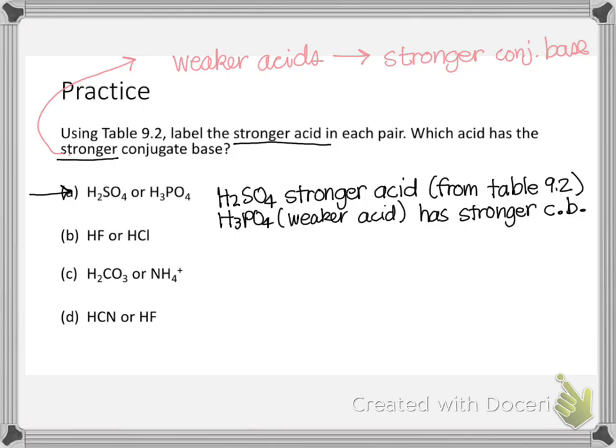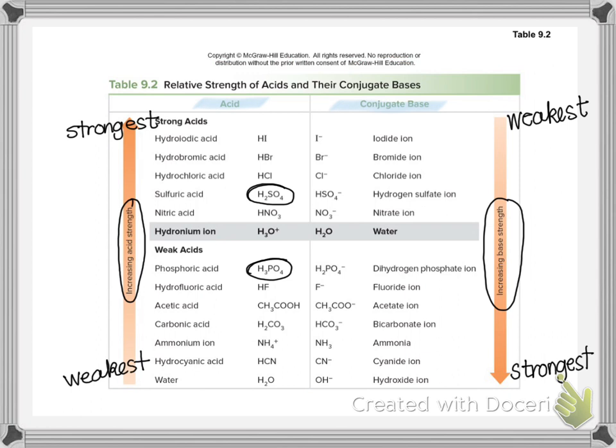All right, so what I would do now is why don't you pause and you try to answer B, C, and D. And then once you get it down, unpause, and I'm going to continue on and I'll give you the answers. Okay, so letter B, I have to look for HF and HCl. So let me erase what I have up here so it's easier to see.